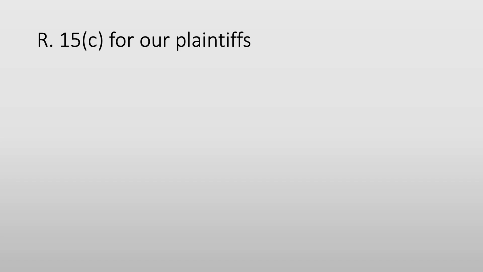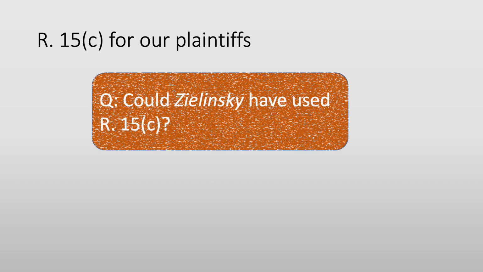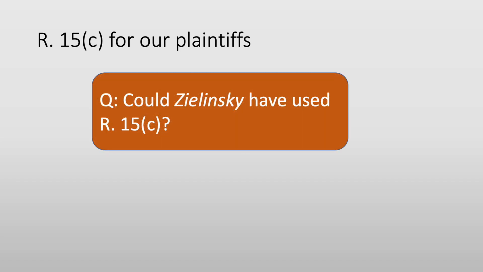So let's think about 15C for the cases that we've read so far, and just take a minute to think through the requirements of 15C and see if they would work for either of these plaintiffs. And we'll get to this in class when we talk about this stuff. So question one, could Zelinsky have used Rule 15C? So Rule 15C, by the way, is a fairly recent addition to the rules.